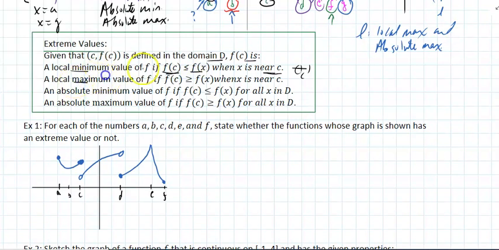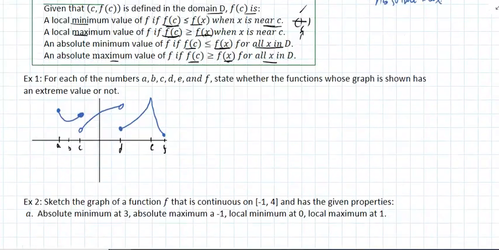We call it a local maximum if around that C, the y value at C is bigger than all the other y values, but again, around it by a small margin. The absolute minimum: f of C is an absolute minimum if f of C is less than all the other y values in the domain, and we say it's an absolute maximum if the y value is bigger than any of the other y values in the domain.